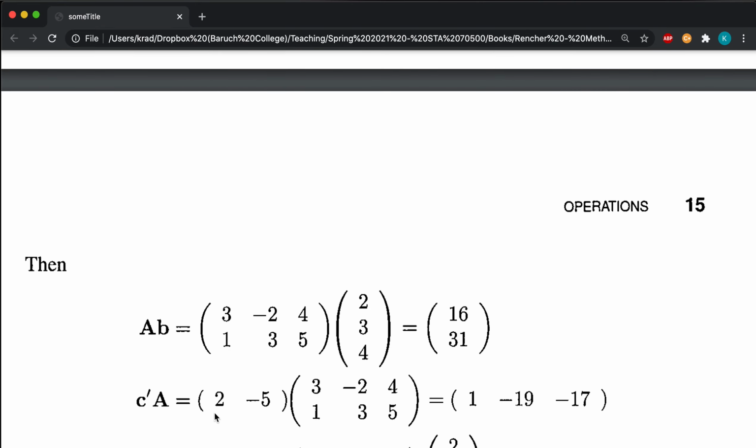So you have this row vector multiplied again by A, so now we have 2 times 3 minus 5 times 1, and that gives us 1. You have 2 times negative 2 plus negative 5 times 3, so you have negative 4 and negative 15, which gives you negative 19, and you get negative 17.